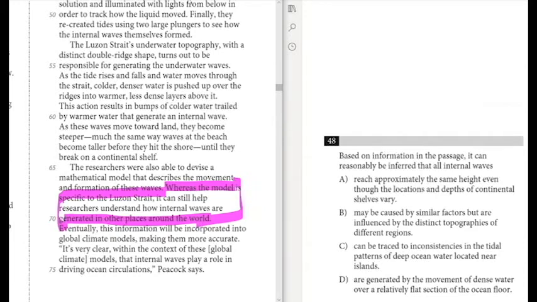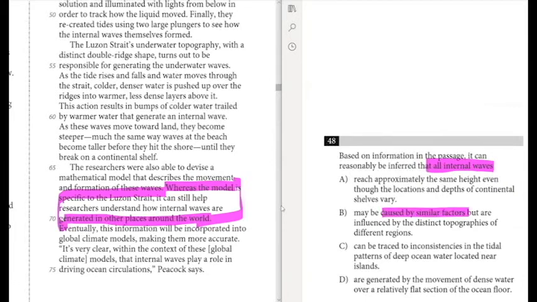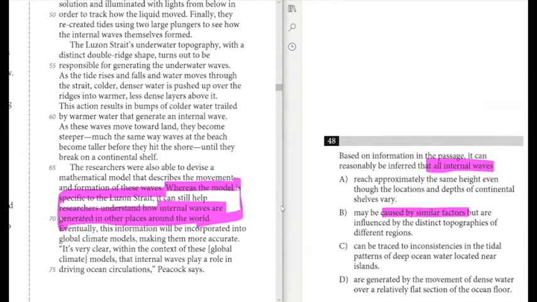So although the model that they used referred to a specific body of water, it was going to help shed light on similar situations all around the world. So all internal waves are caused by similar factors, and we know that because the same model can be used to be reflected on waves generated in other places all around the world.